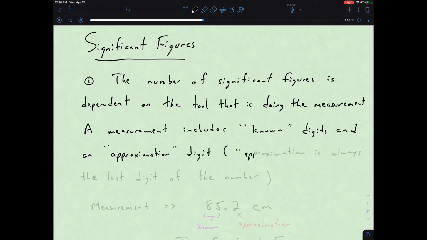The approximation is always the last digit of the number.